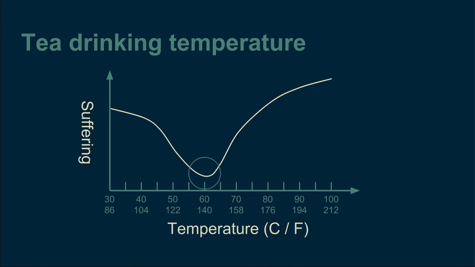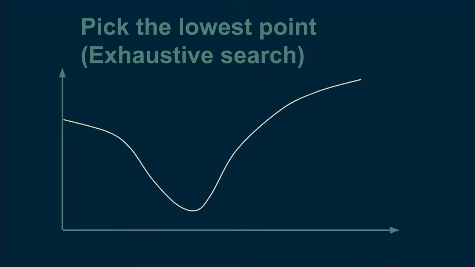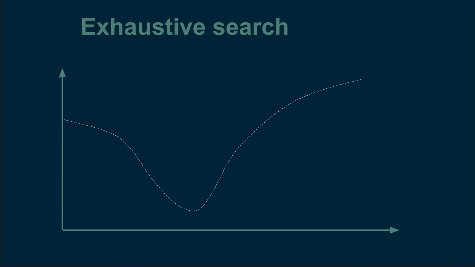There's a few different ways we could do this. The first is to look at every point on this curve and just pick the lowest one. Now the trick with that is we don't actually know what this curve is beforehand. So in order to pick the lowest one, we have to do exhaustive search, which in this case would be: make a cup of tea, have someone drink it, ask them how they like it.